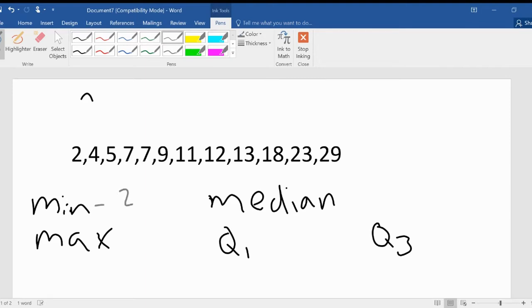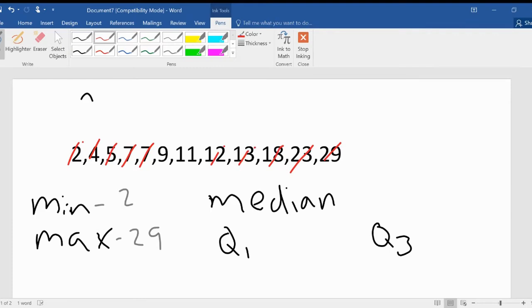So your min will be 2, and your max will be 29. To get the median, you want the middle number of all of these. How I do it is I mark off from the ends until I get to the middle: 29, 4, 23, 5, 18, 7, 13, 7, 12.